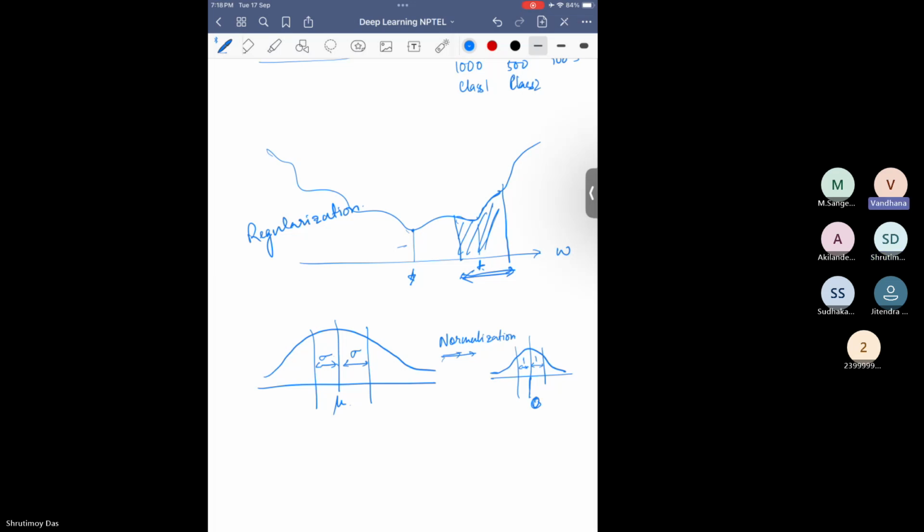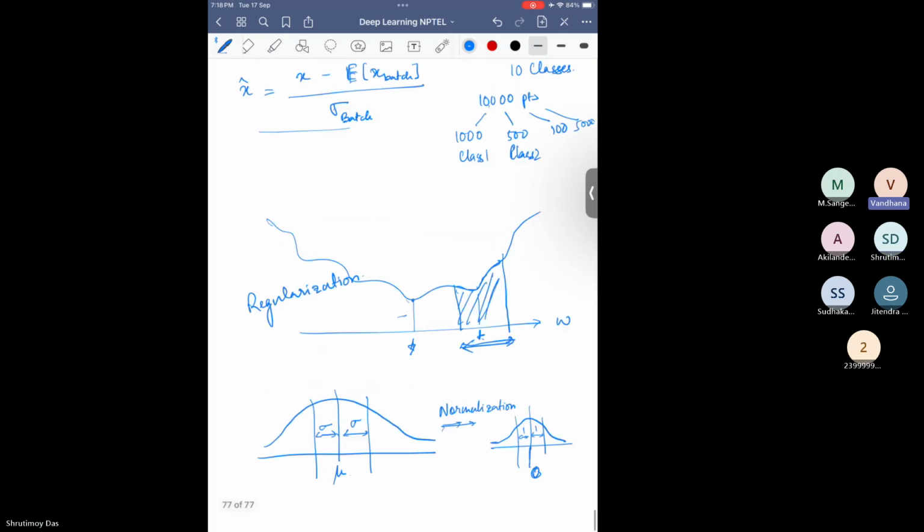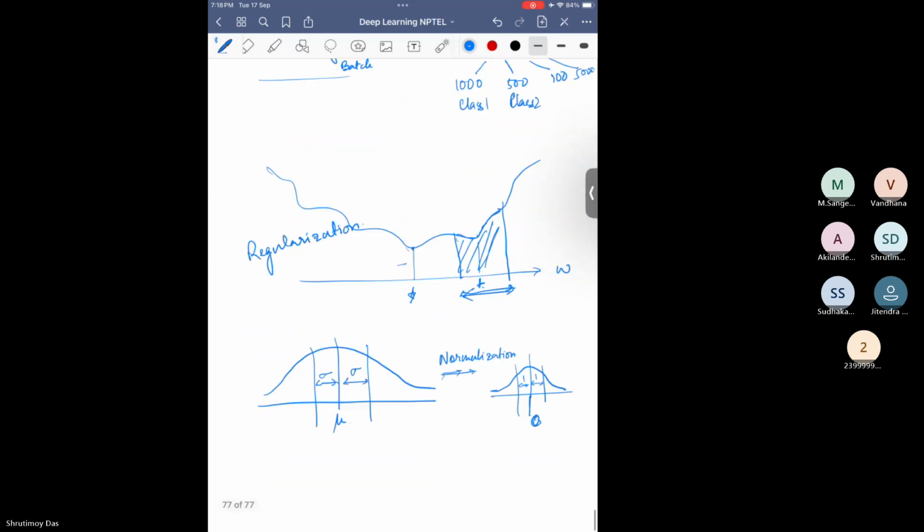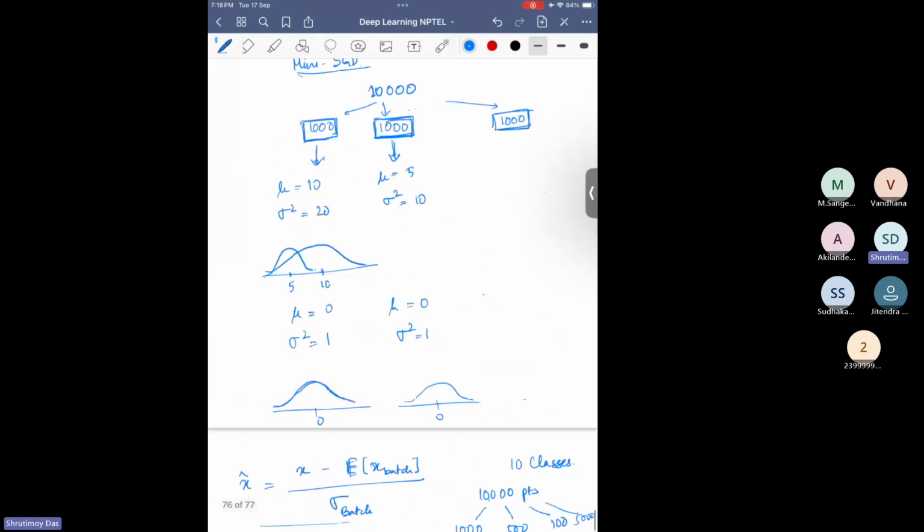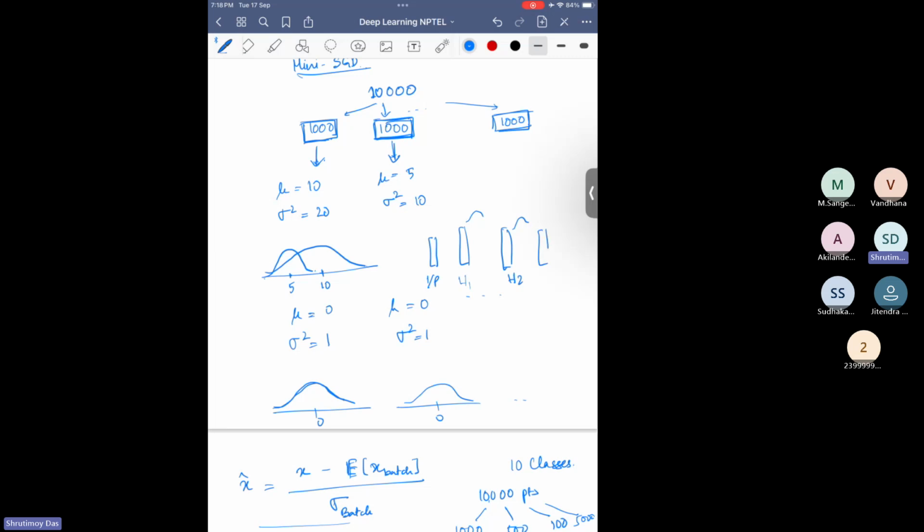So data means the X input we are giving. So normalization is for the input. Yes, it is for the input, but also when we are talking about batch normalization, we are talking about applying normalization at each layer. You have your input layer here, but you also have these hidden layers, right? Because the weights are random, the outputs of these hidden layers are also random. Each of these hidden layers will have some distribution, and then you have the output layer.